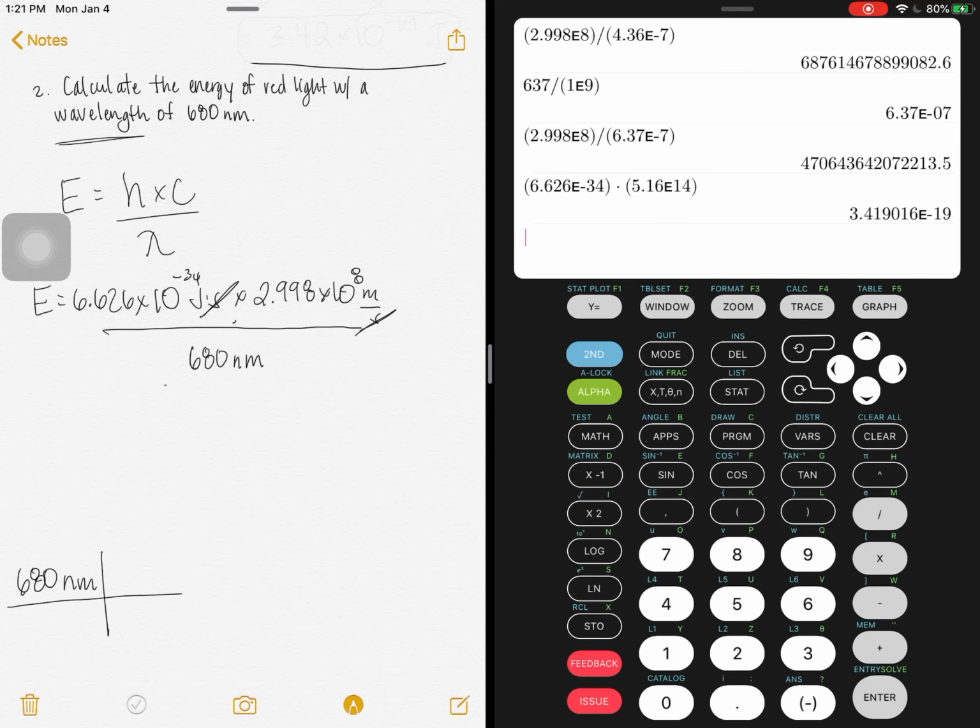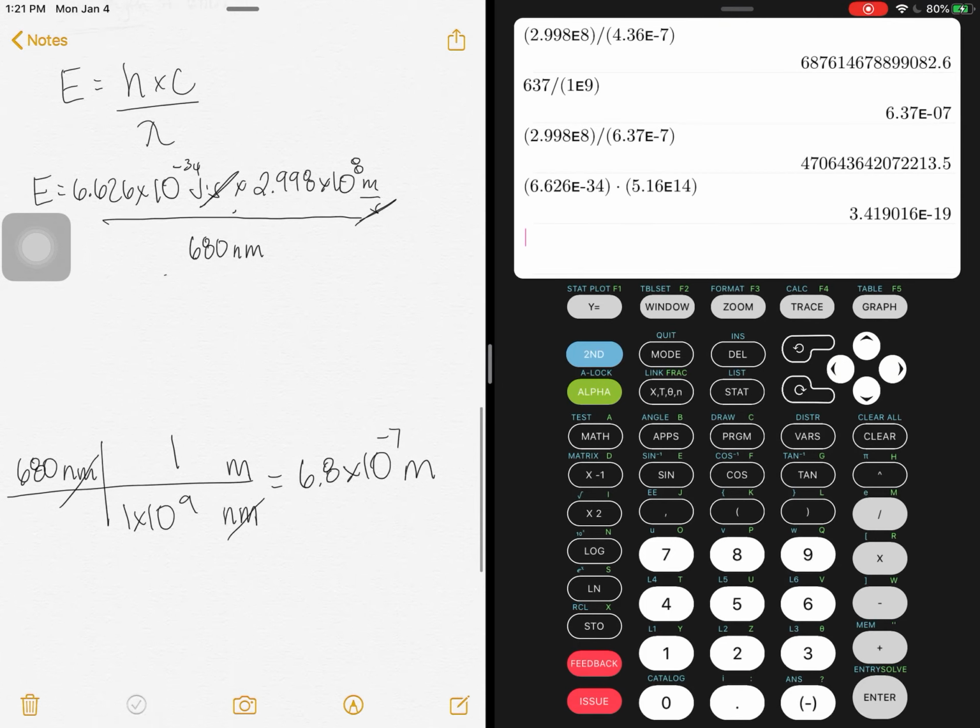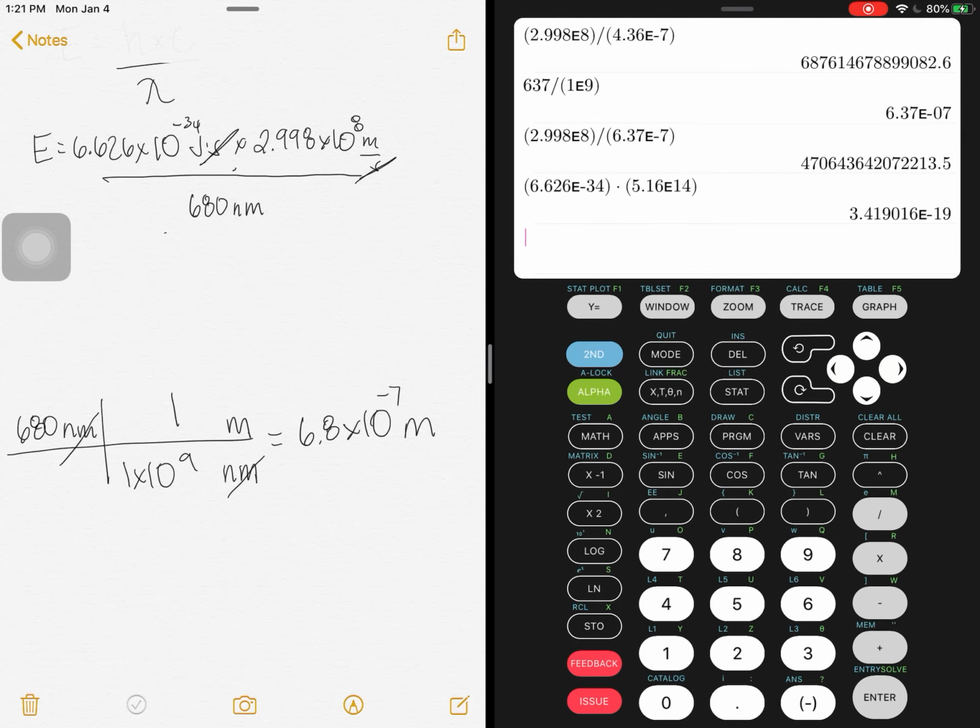So again, I need to do a quick conversion. 1 meter has 1 times 10 to the 9th nanometers. Okay, I'm going to go ahead and do this in my head. I know what this is. It's 6.8 times 10 to the -7th meters. I'm curious if you know how I can do that in my head. Well, think about this. Do you guys know this trick? 680 is 6.8 times 10 to the 2nd, right?